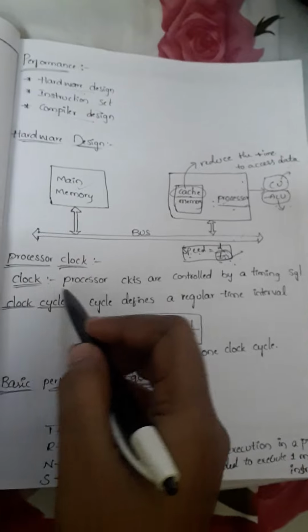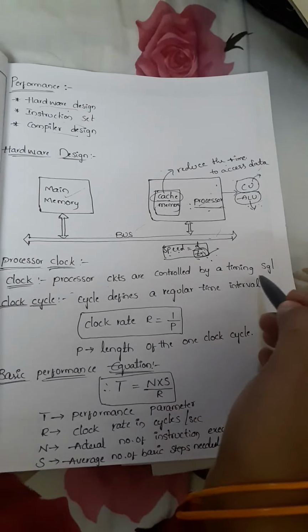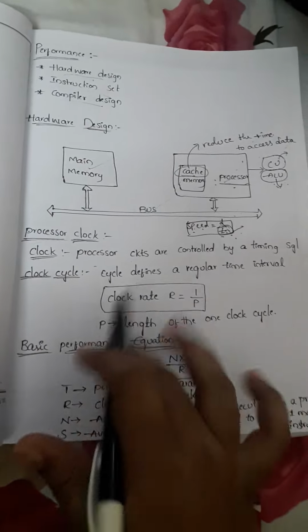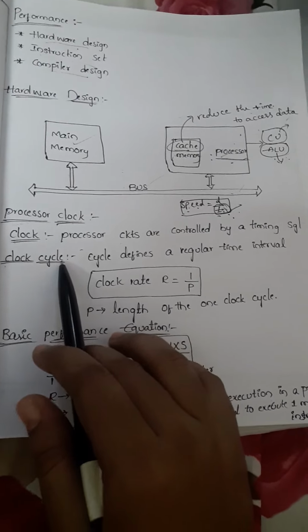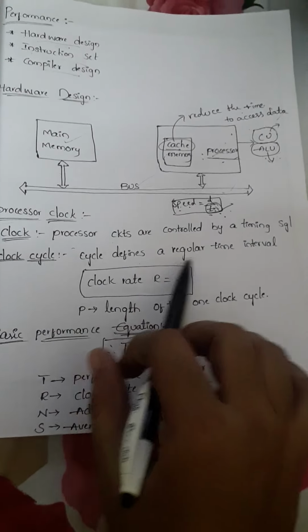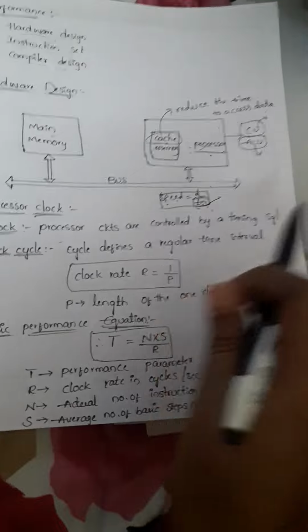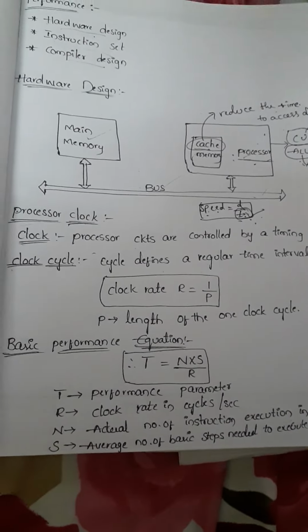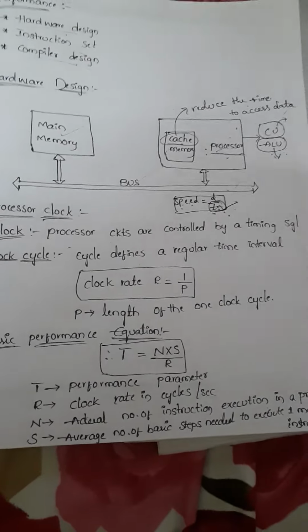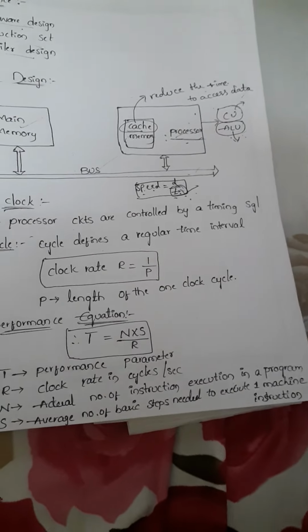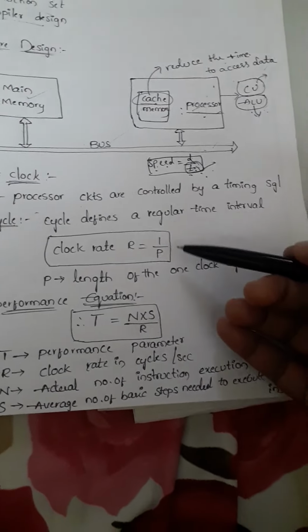And what is meant by clock cycle? A cycle defines a regular time interval. So clock is the one timing signal that the processor circuits use.